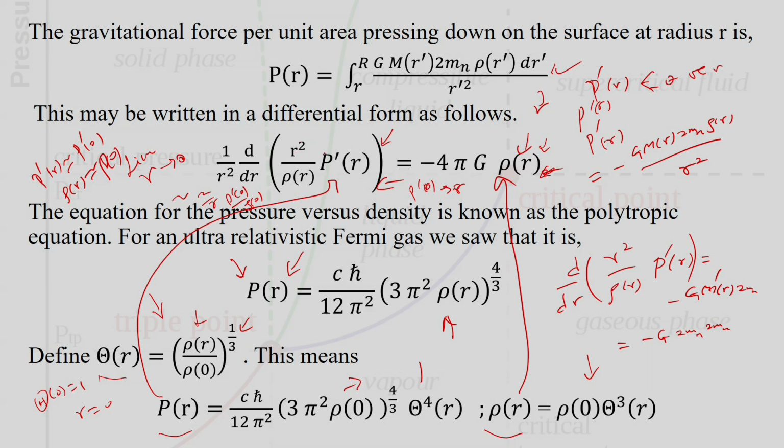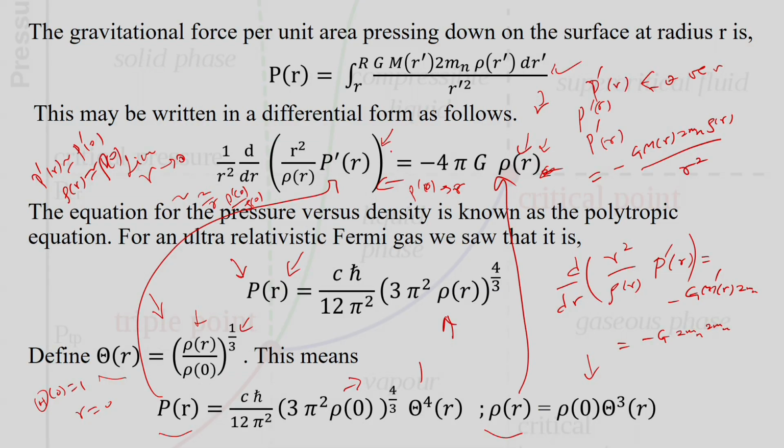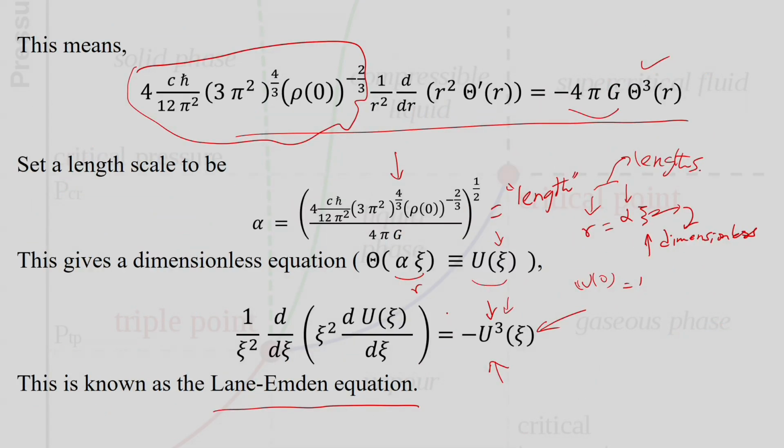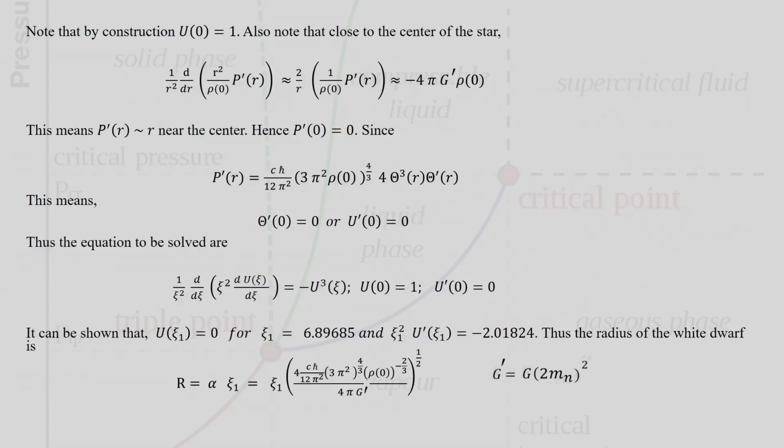As r tends to 0, you should convince yourself by staring at this equation that p dash r is proportional to r when r is very small. As a result, when r tends to 0, p dash 0 becomes 0. So what is p dash r?